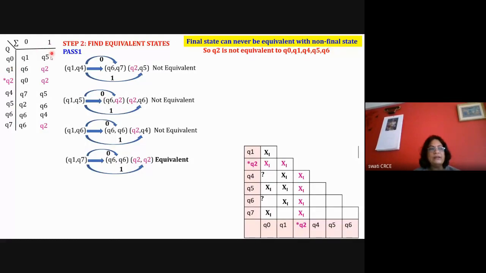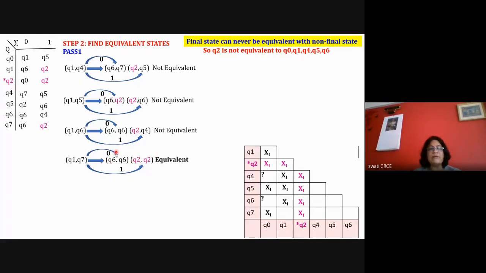Then Q1 with 1 is Q2 and Q7 with 1 is Q2. So here also Q2 and Q2. Here I'm trying to find out whether Q6 is equivalent with Q6. The same state is equivalent to itself, so this is correct. This pair is giving me the answer as equivalent. Similarly, Q2 is equivalent with Q2.